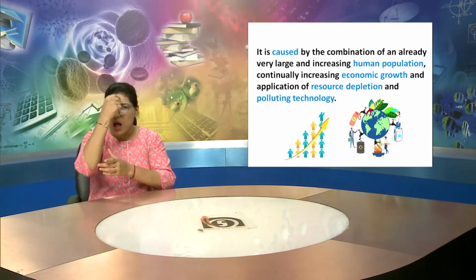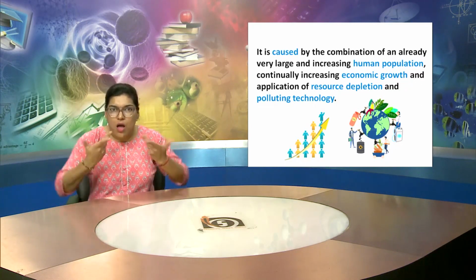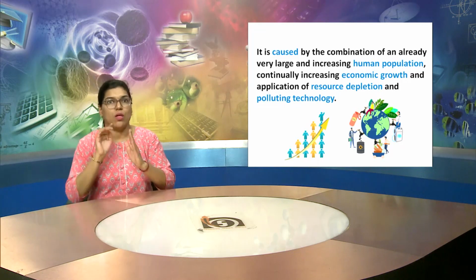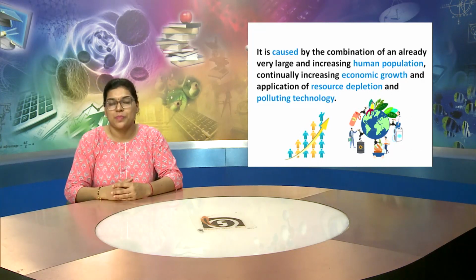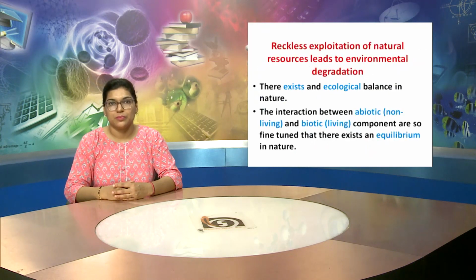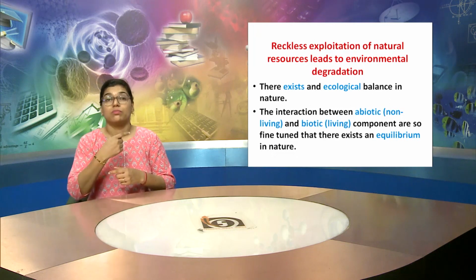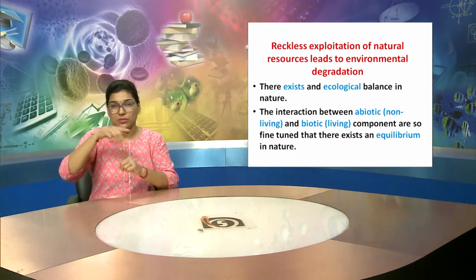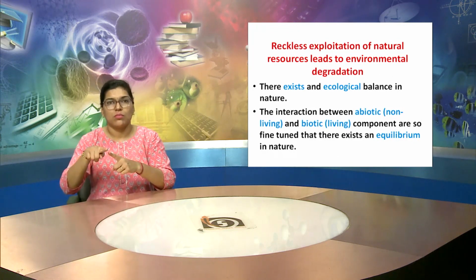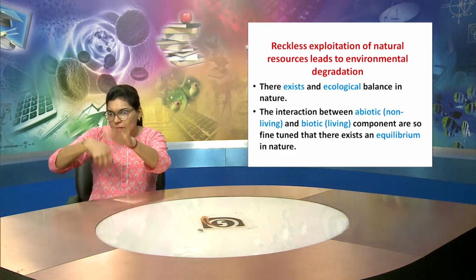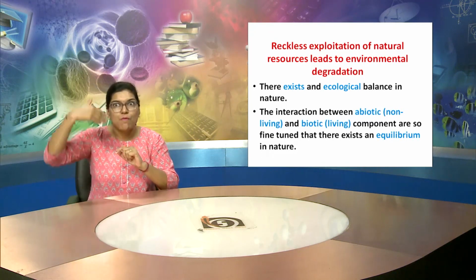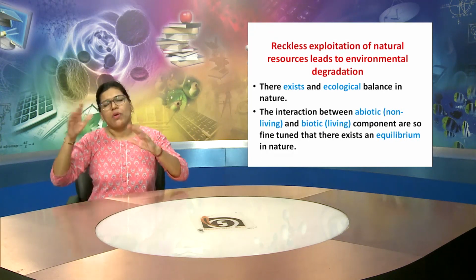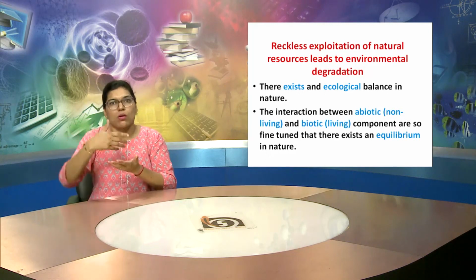It is increasing the economic growth, and because of this, there are many resource depletion and pollution is occurring. Now, this heading you can see in red color. It means the reckless exploitation of natural resources leads to environmental degradation.